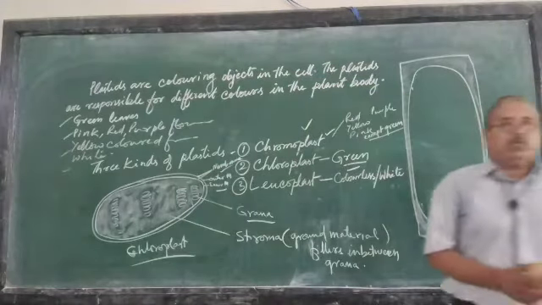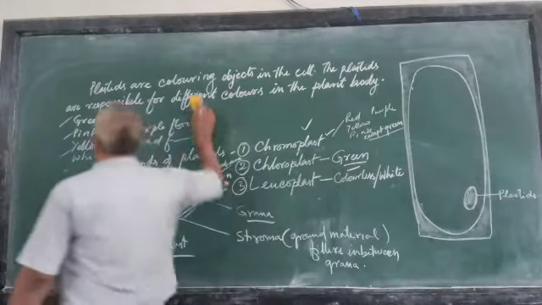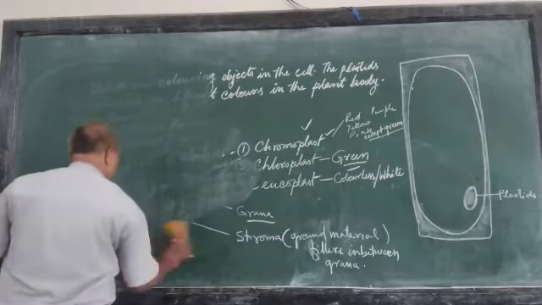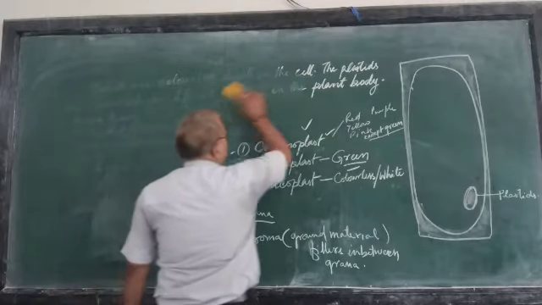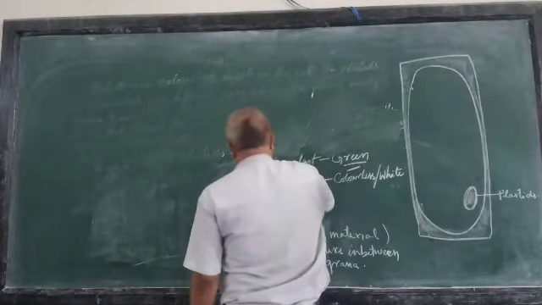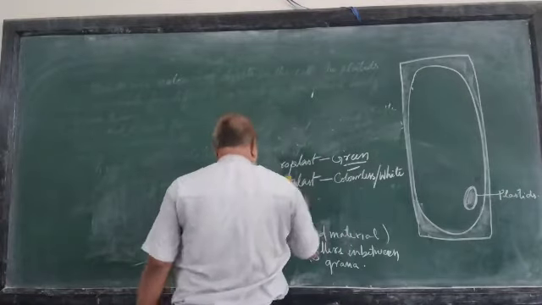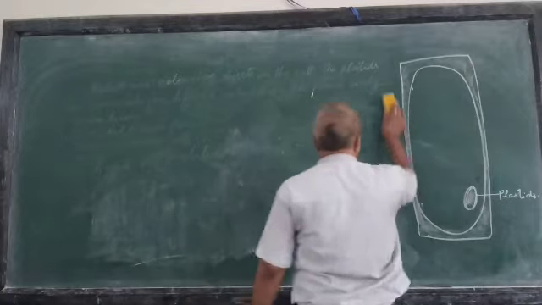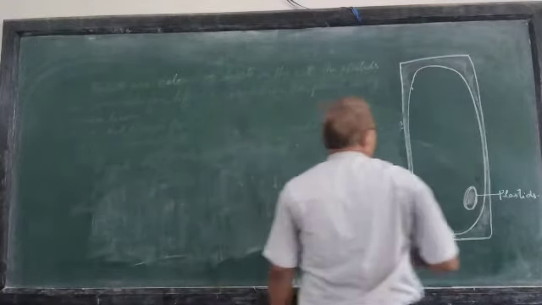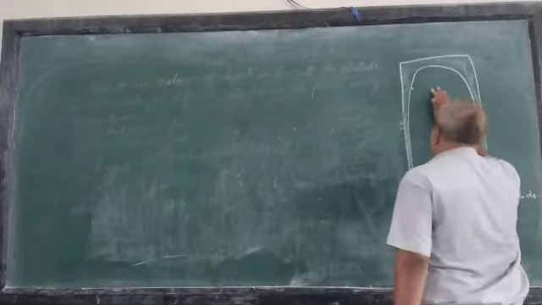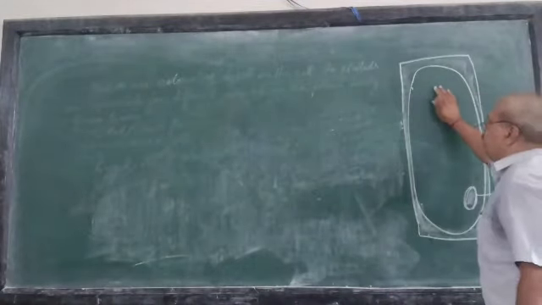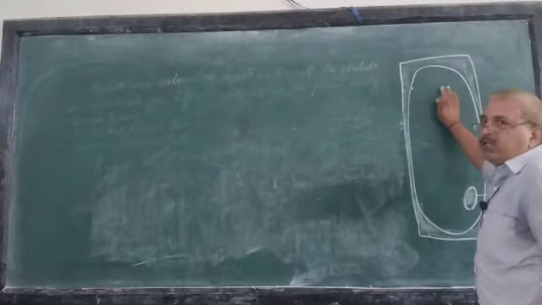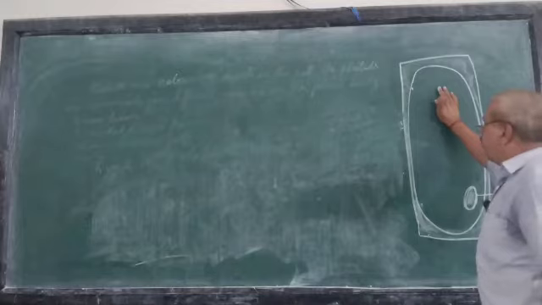The next organelle or part of the cell that we will read about is the vacuole. Suppose this is cytoplasm, and this plant body is not getting sufficient water during the summer season. What will happen?